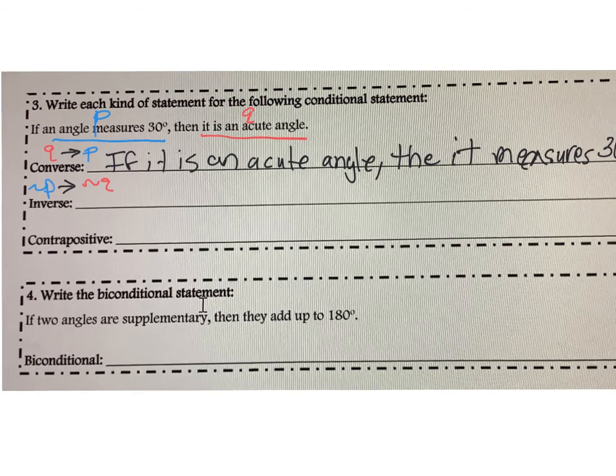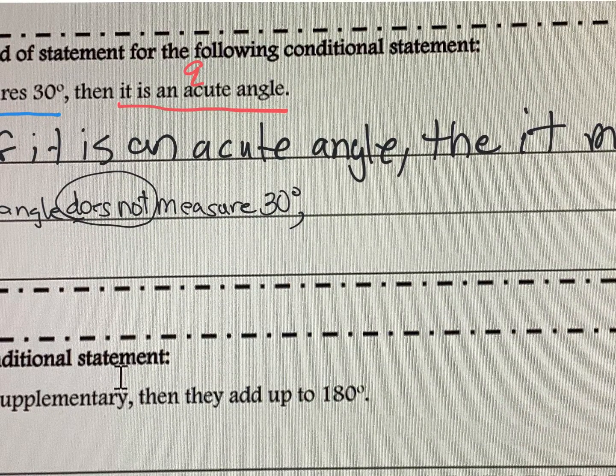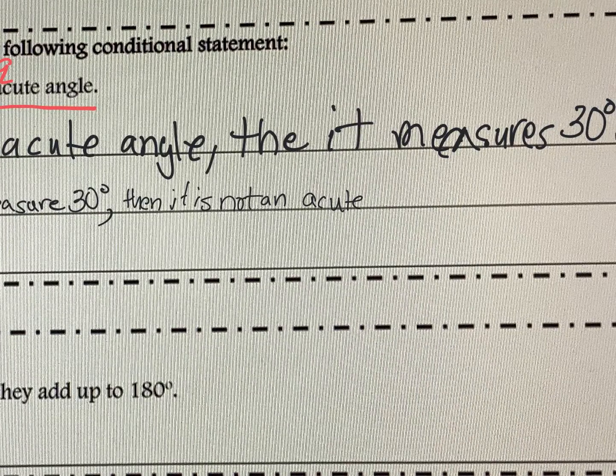So we have: if an angle does not measure 30 degrees, okay, so I added the does not for the negation part, then it is not an acute angle.